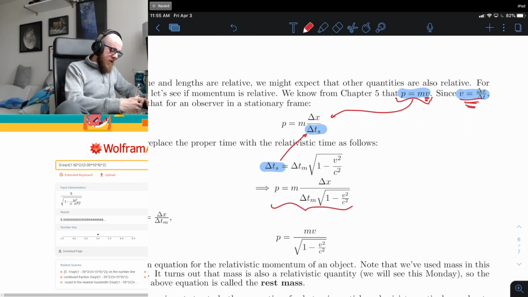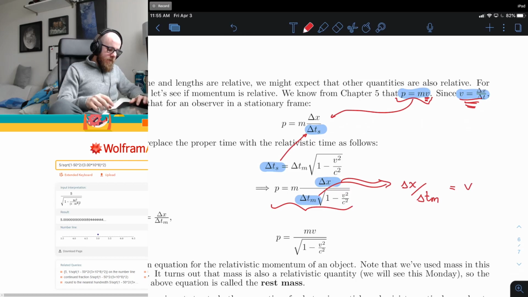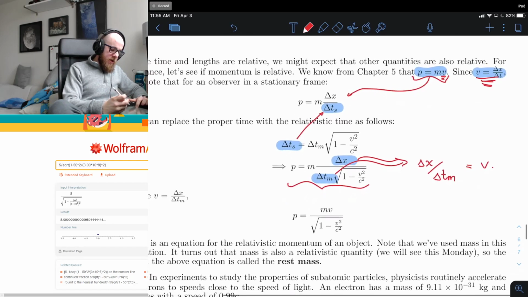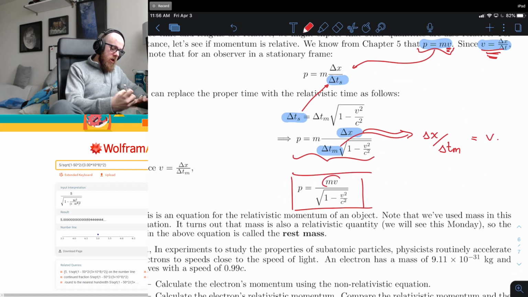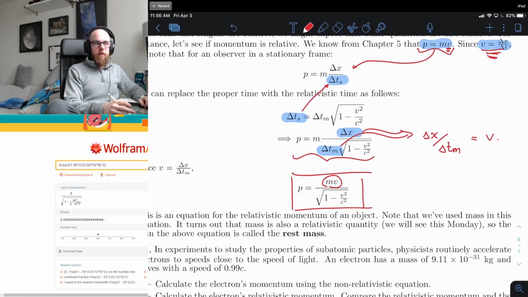Now, in this big mess, I notice that I have a delta x over a delta tm, right? This delta x over delta tm is equal to v, right? And so what I find there is that I have a formula for the momentum in the moving frame, and the momentum in the moving frame actually depends on the momentum in the stationary frame as well, okay?